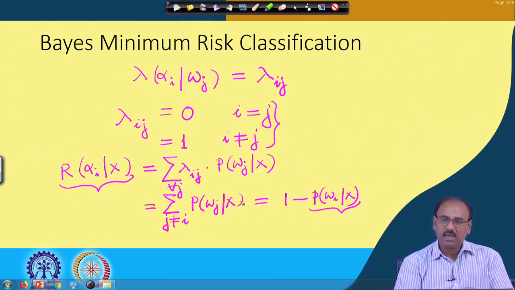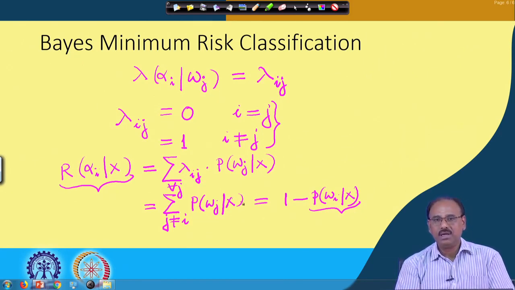So, in this particular case, when my loss function is the 0-1 loss function, that is, for every correct decision I do not incur any loss, that is, the loss function value is 0, and for every incorrect decision, I incur unity loss.